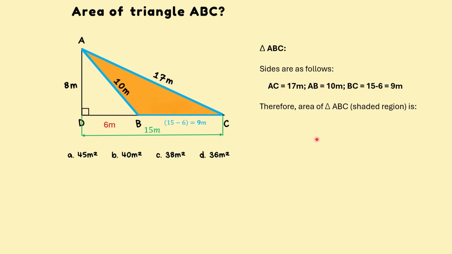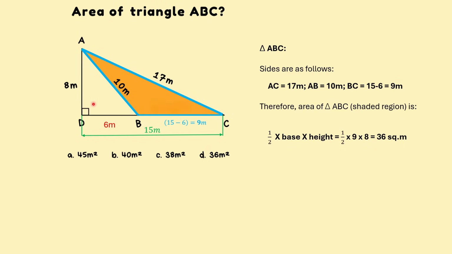Therefore, the area of the triangle ABC, the shaded region, is equal to half times base times height. Although AD lies outside of the blue triangle ABC, it can be considered as the height of the triangle.